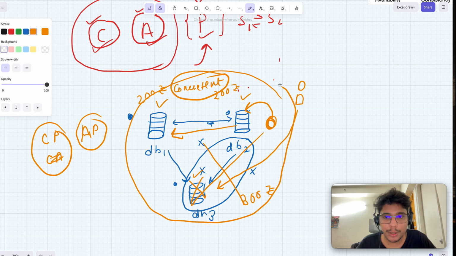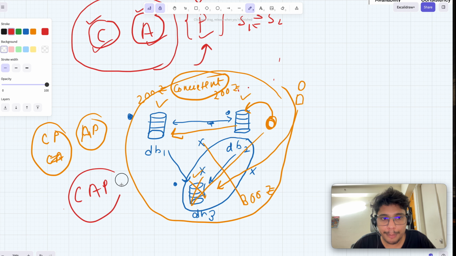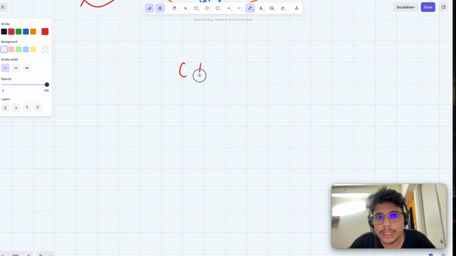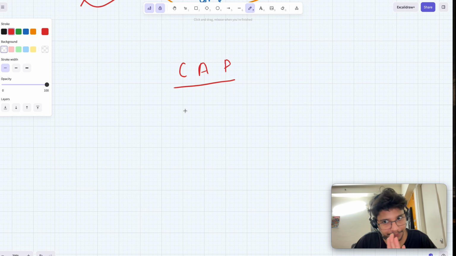This is just an example to show you how consistency and partition tolerance work in the CAP theorem. Just be a little conscious here: CAP, consistency, availability, partition tolerance. Got it. Take a pause. We have multiple servers.